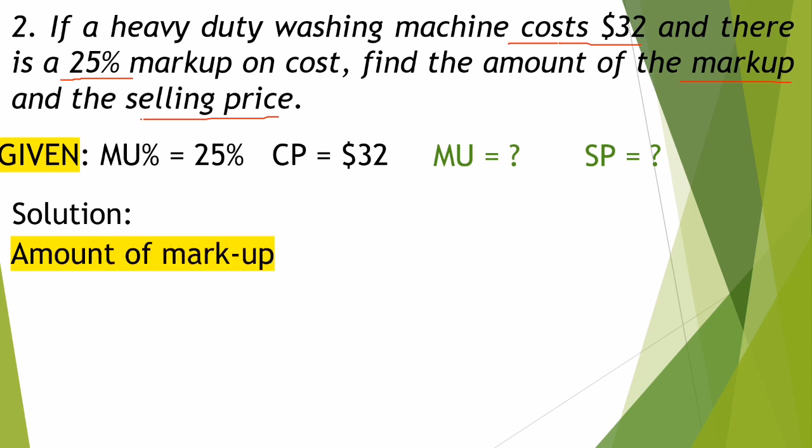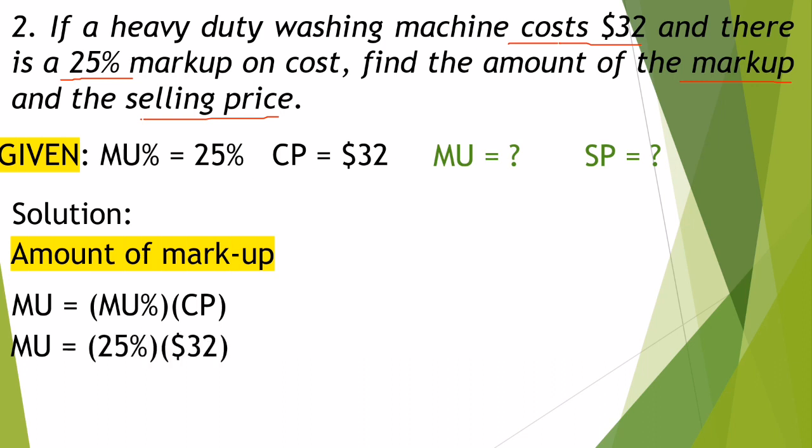Next, for our solution, first we're going to find the amount of markup. So the formula that we're going to use is MU is equal to MU percentage times CP, since the given are MU and CP. Next, we're going to substitute the given now. So MU is equal to, our MU percentage is 25% and our CP is $32.